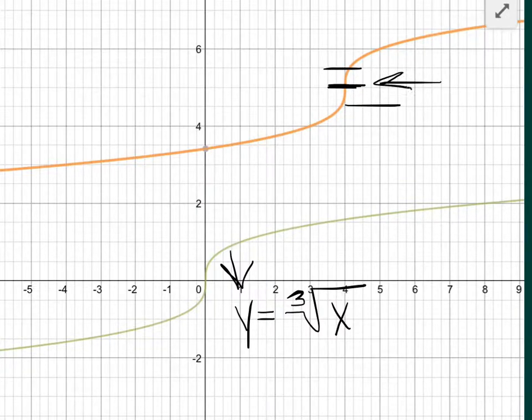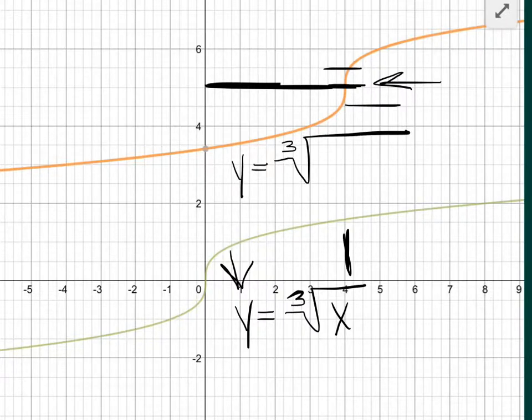It is that one. That one has been moved over 4, and then it has gone up 5. To the right 4 and then up 5. So y equals the cube root of x minus 4 on the inside, and on the outside you'll have plus 5.